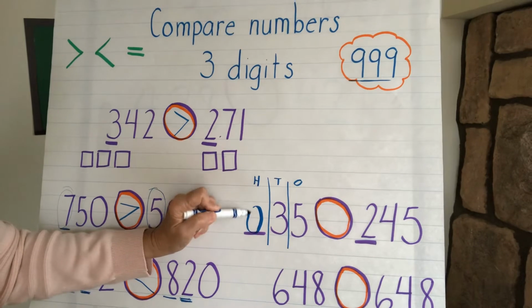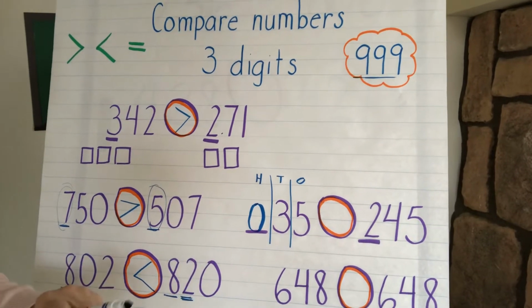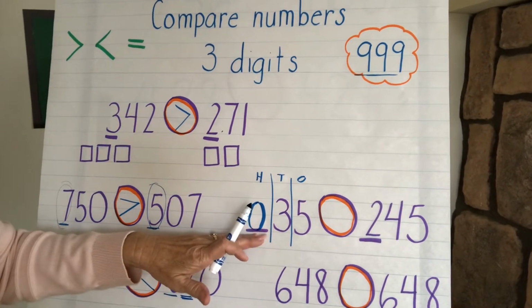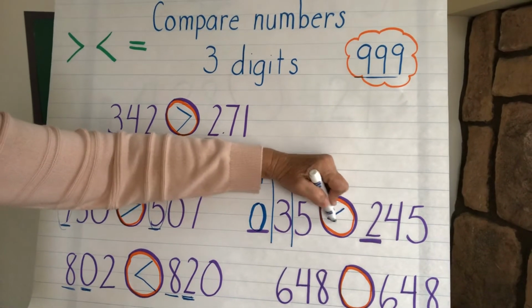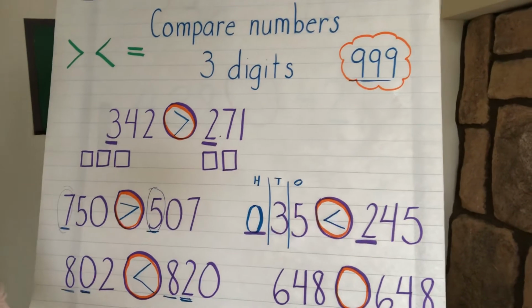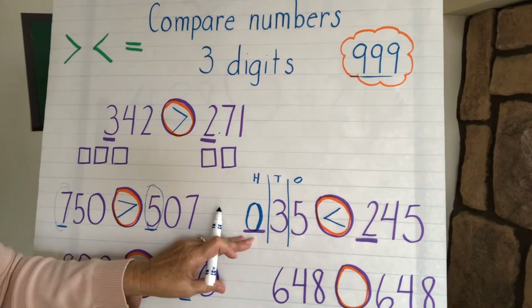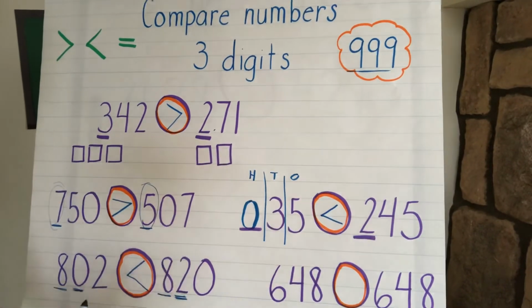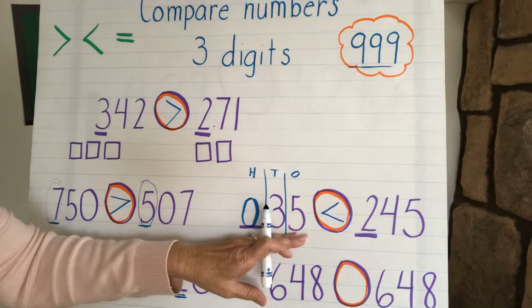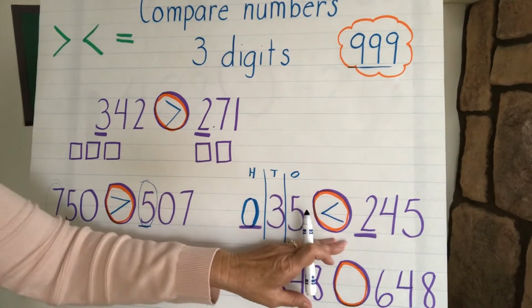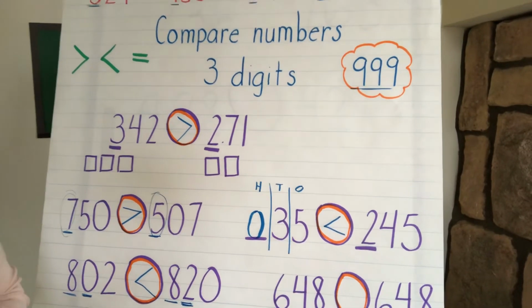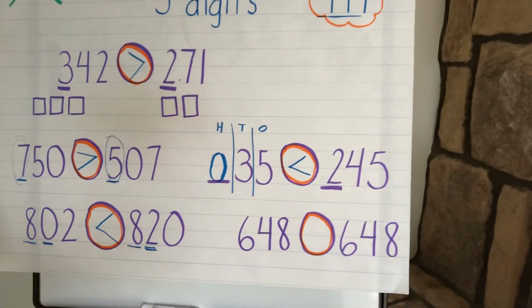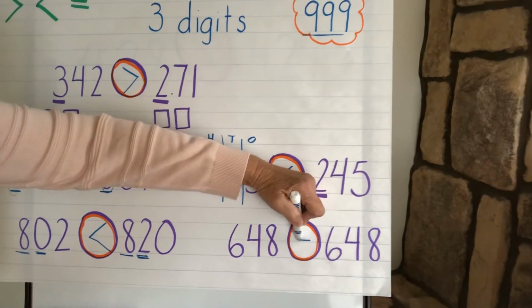I'm going to go ahead and write it. Well, now when I compare those numbers, I can see that 0 hundreds and 2 hundreds, 2 is definitely greater than 0. So let's read this equation together. 35 is less than 245. Very good.